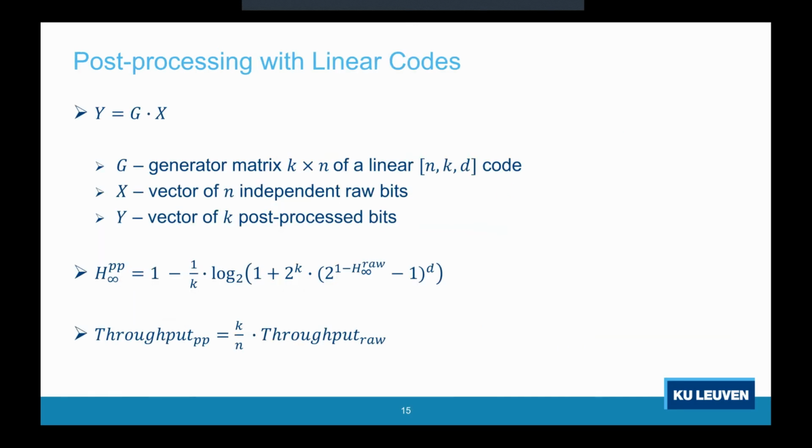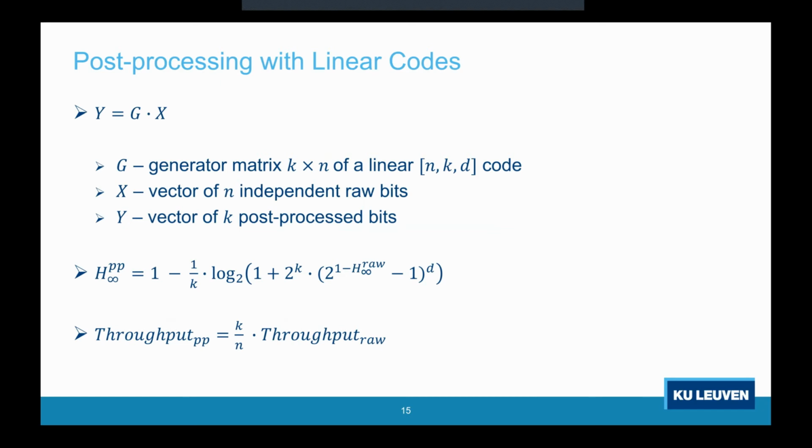So, to increase the mean entropy while maintaining at the same time high throughput with relatively low implementation cost, we use the post-processing based on binary linear codes. The principle of this post-processing is rather straightforward, as it involves only matrix-vector multiplication.